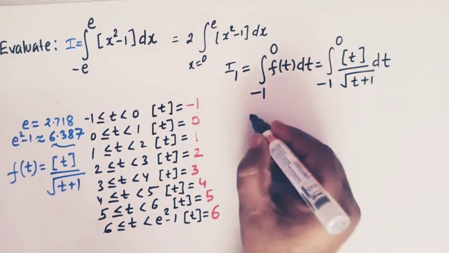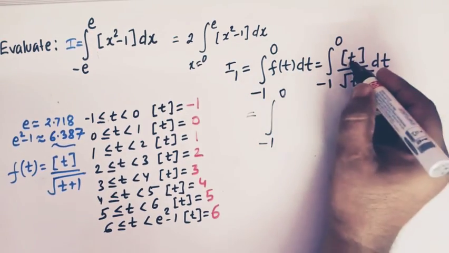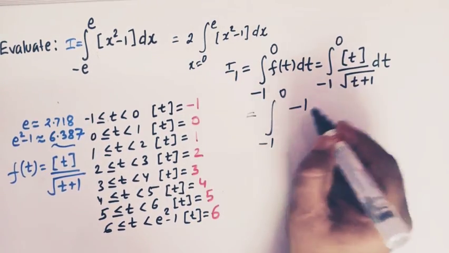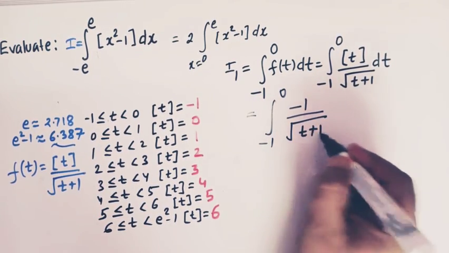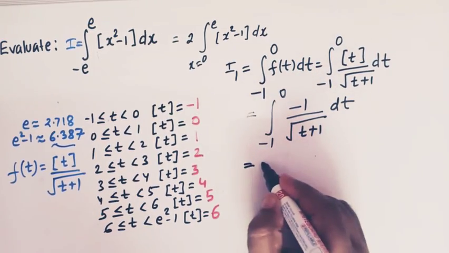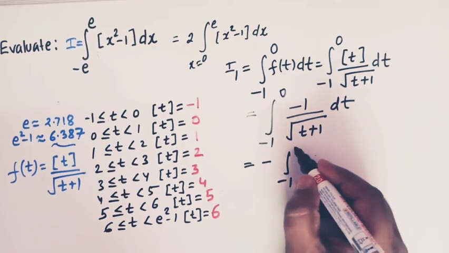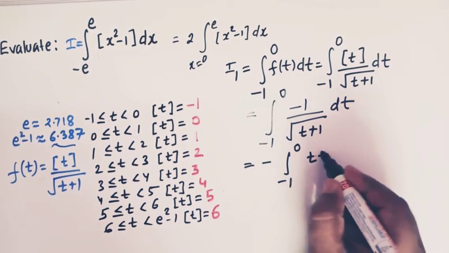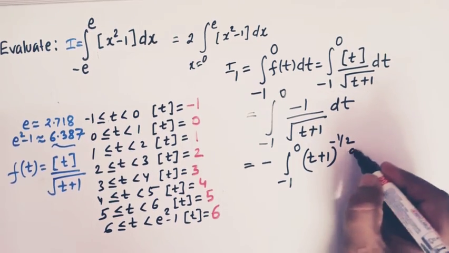So we'll have -1 over square root of t plus 1 dt. We can take this negative outside. So we'll have the integral from -1 to 0 of t plus 1 raised to minus half dt, right?